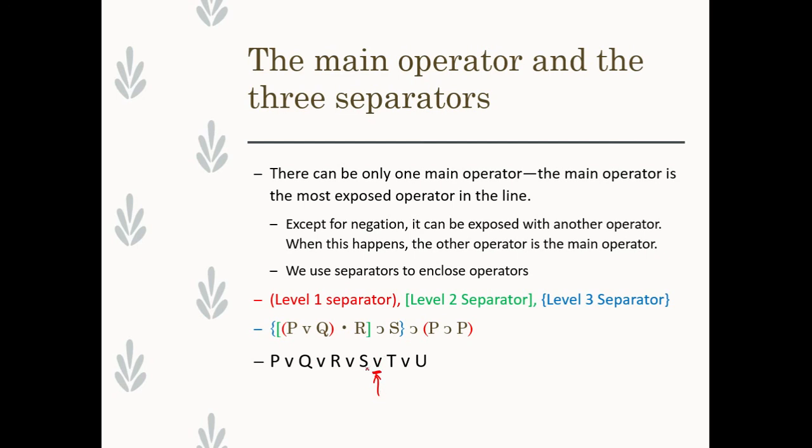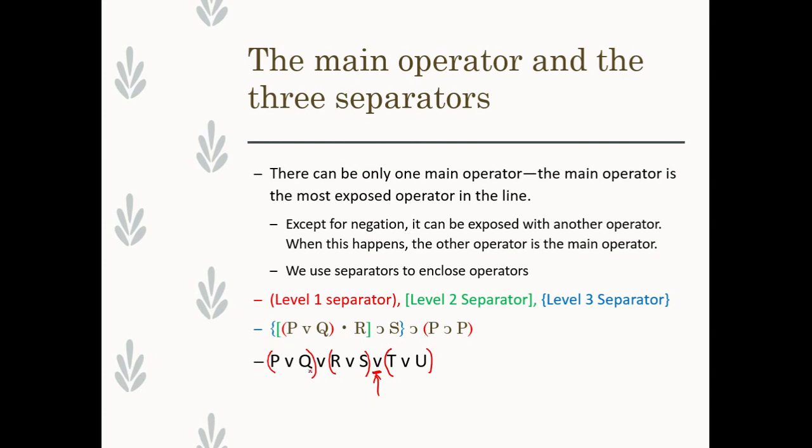Okay, so the first step, let's separate out P wedge Q. And then we'll separate out R wedge S as well. It's the first time either of these are being enclosed. And then we'll separate out T wedge U. We still have two operators that are exposed, the second wedge in and the fourth wedge in.